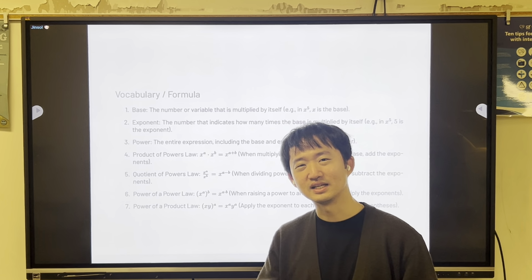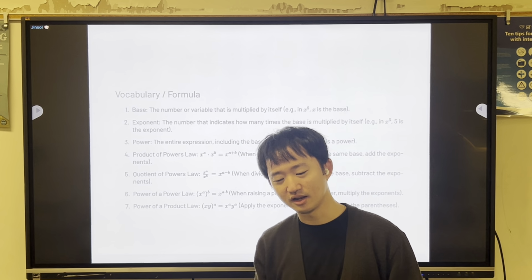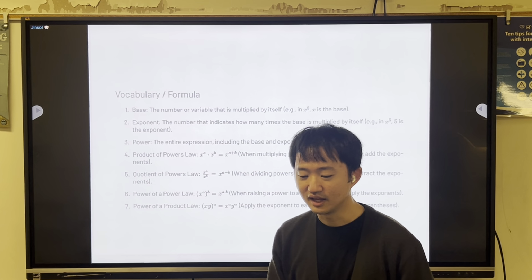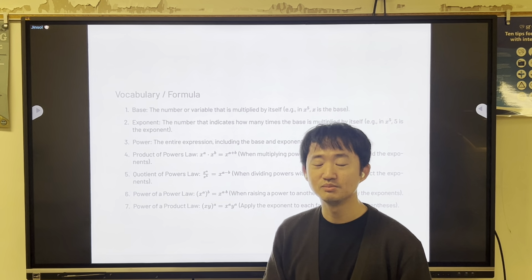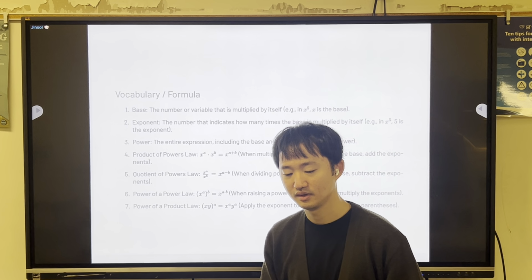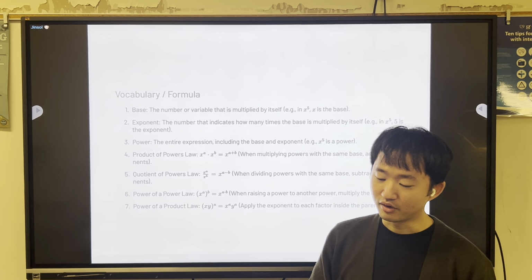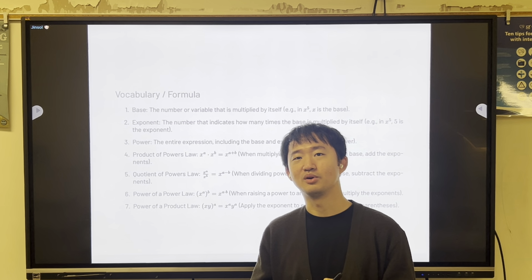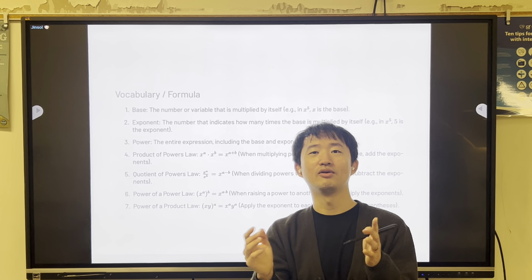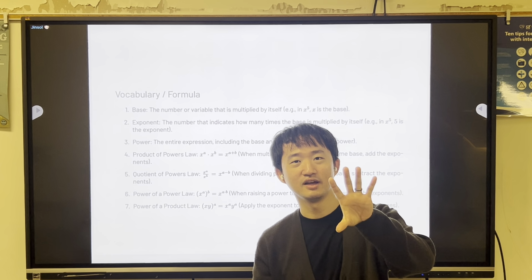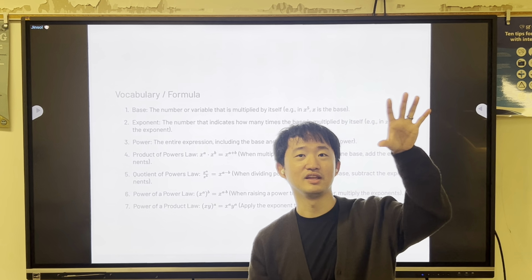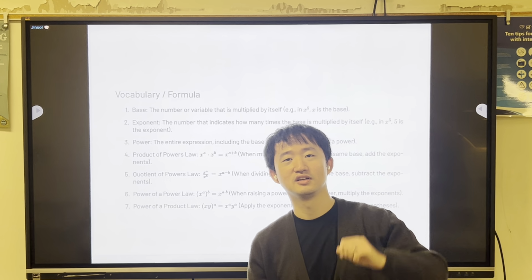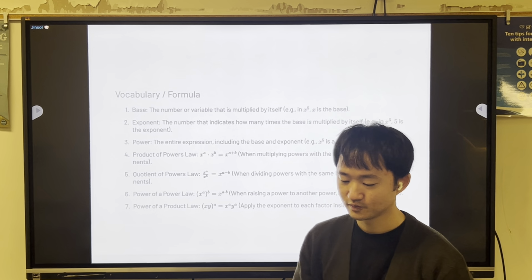The exponent is that small number in the top right-hand corner, and it indicates how many times the base is multiplied by itself. The power is the entire expression, including the base and the exponent.